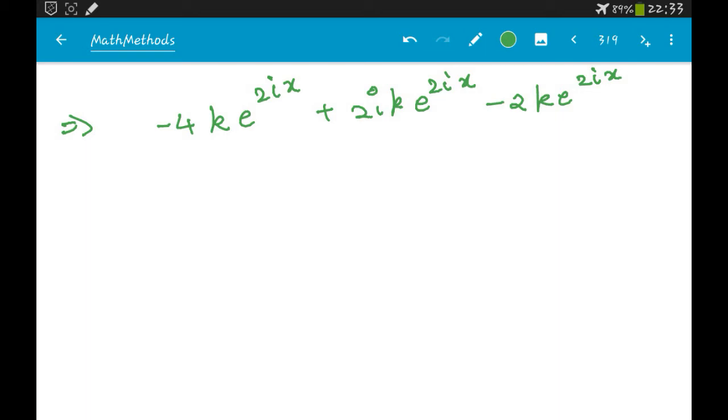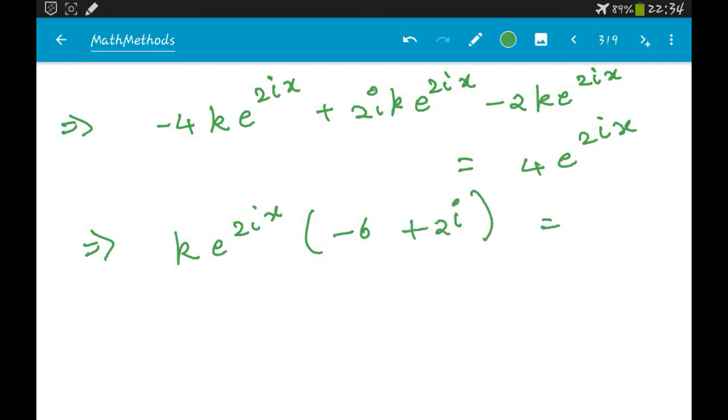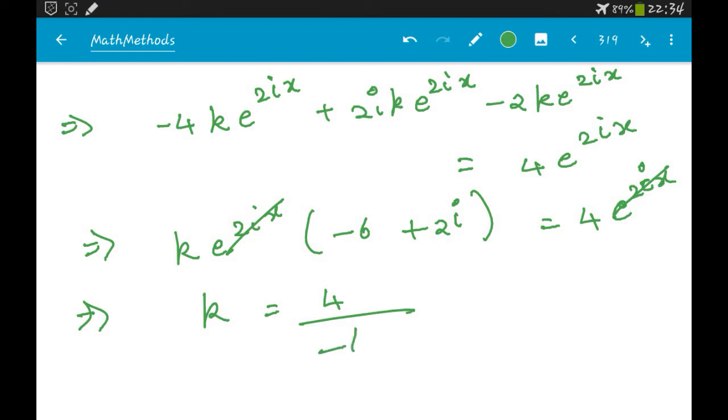Okay, is equal to 4 into e power 2ix. Alright, so you're going to have k into e power 2ix times minus 6 plus 2i is equal to 4 into e power 2ix. So this you can cancel and you will be left with k is equal to 4 by minus 6 plus 2i, which is nothing but 2 by minus 3 plus i.